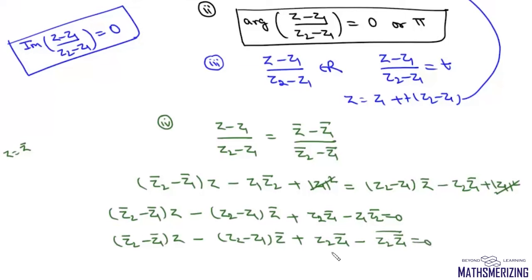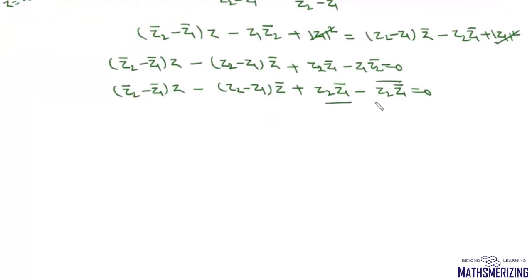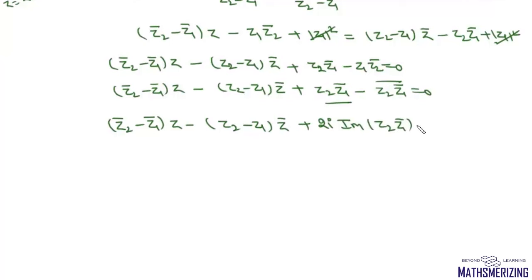Now this is w minus w bar, and we know that (w minus w bar) upon 2 iota is the imaginary part of w. So we can write this as (z2 bar minus z1 bar) z minus (z2 minus z1) z bar plus 2 iota imaginary part of z2 z1 bar equal to 0.